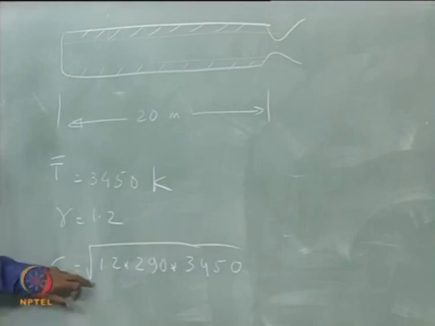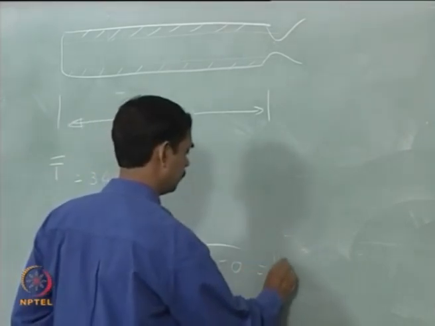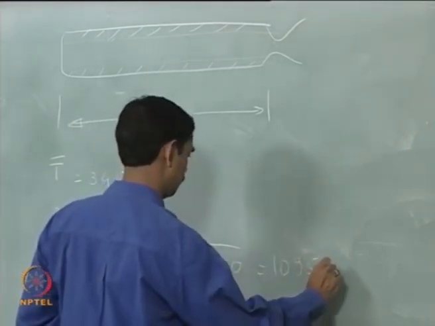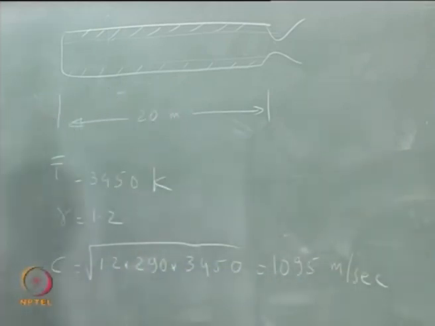What would be this? $1,095. So we can round it off to 1000 meter per second.